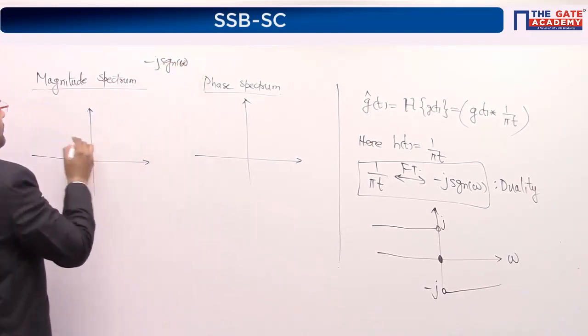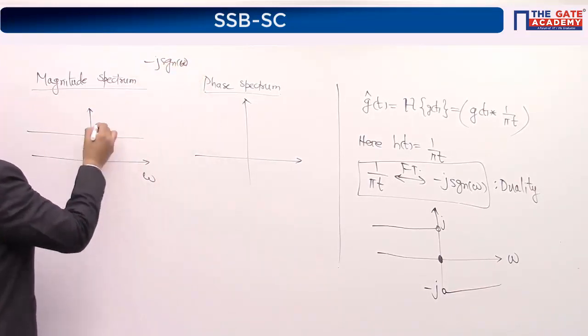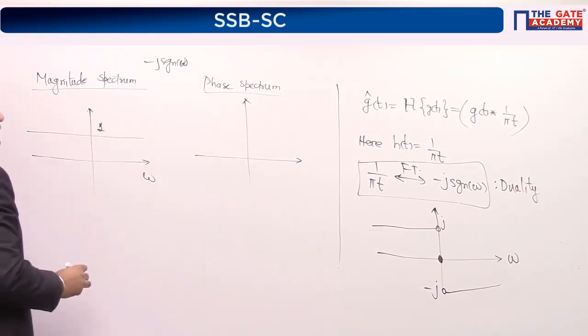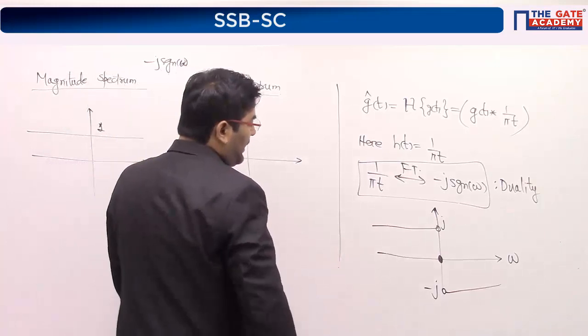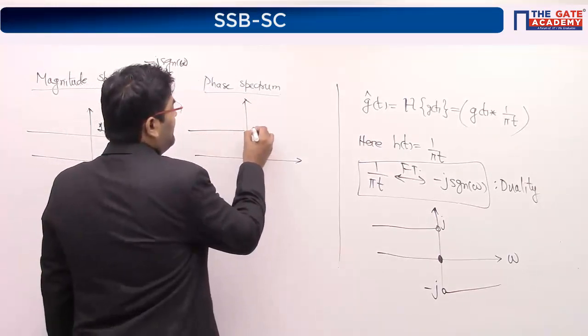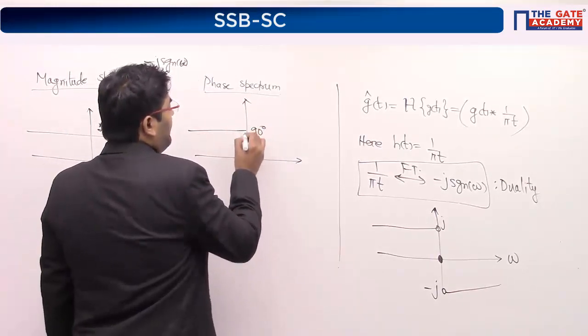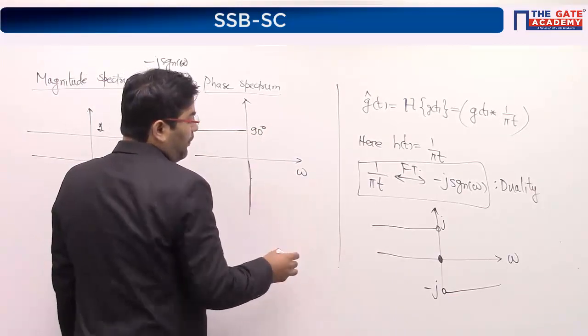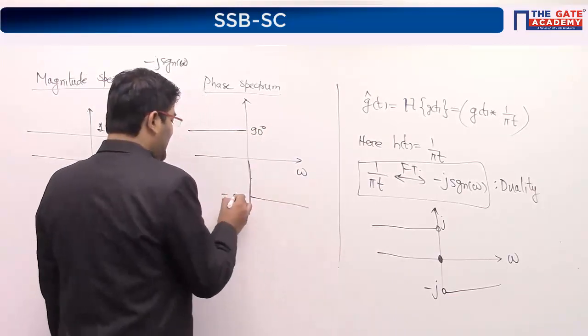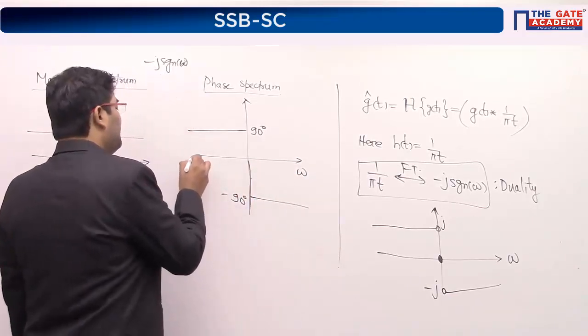Mod of minus j is 1, so it is 1. No problem. But for the phase spectrum, you know that for negative omega, it is a 90 degree phase shift, pi by 2. And for positive omega, it is a minus 90 degree phase shift, if this is 0 degrees.